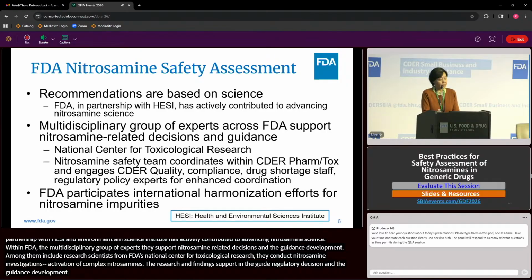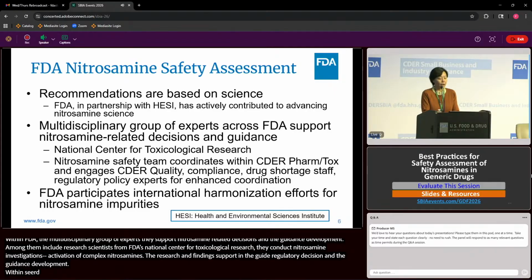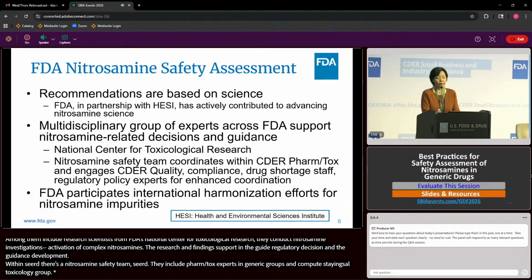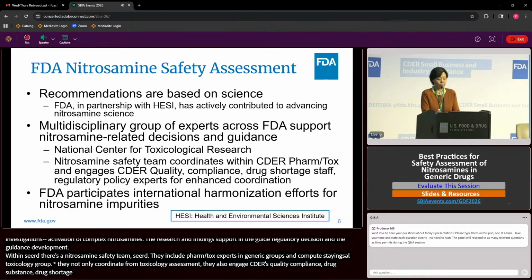Within CDER, there's a nitrosamine safety team. They include pharm tox experts in both generic and new drug groups, and also a computational toxicology group. They not only coordinate pharm tox review efforts on nitrosamine safety assessment, they also engage CDER's quality, compliance, drug shortage staff, and regulatory policy experts for enhanced coordination.